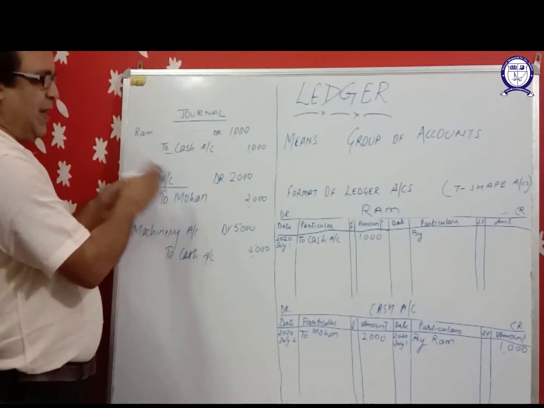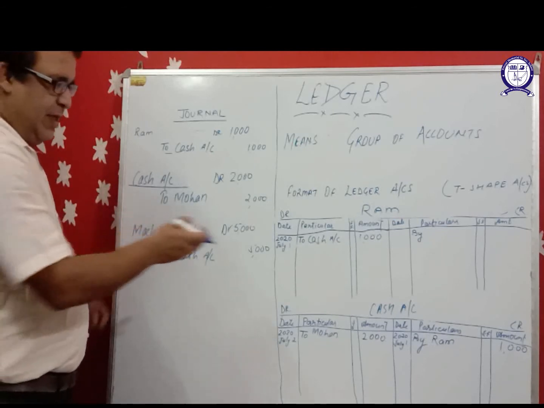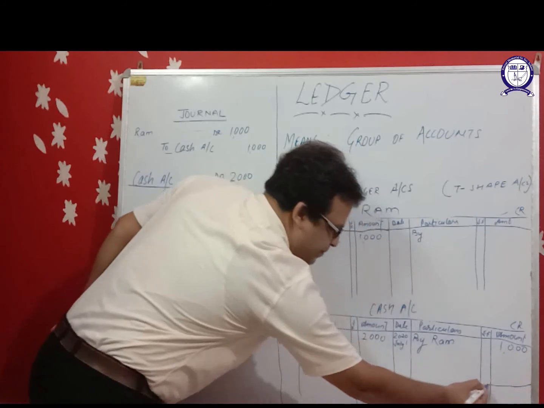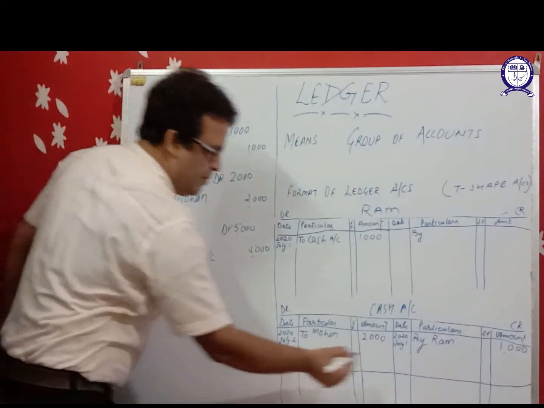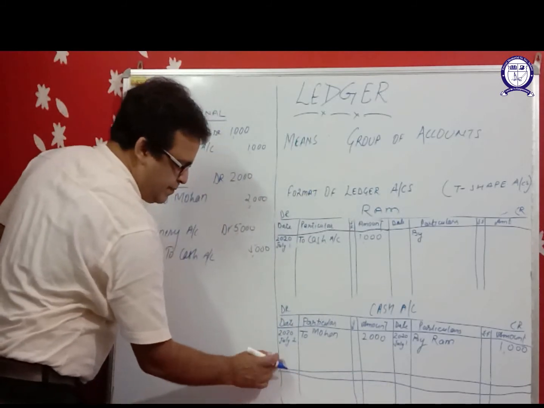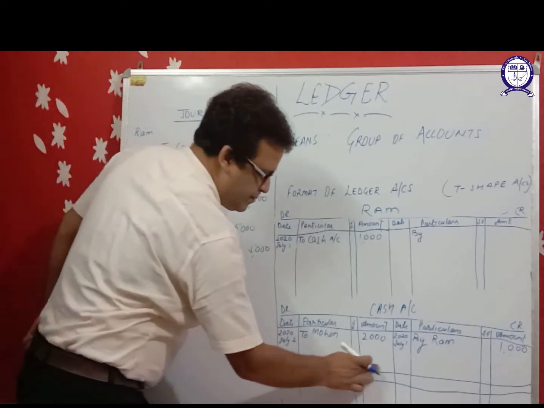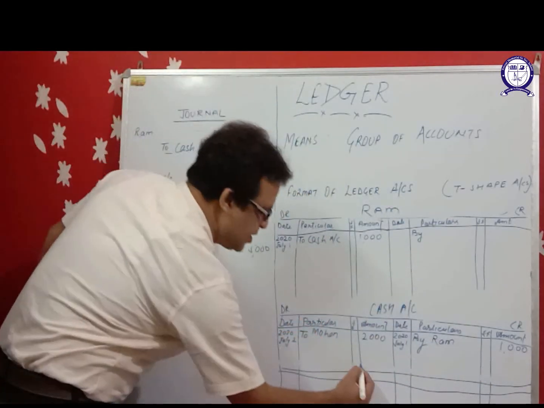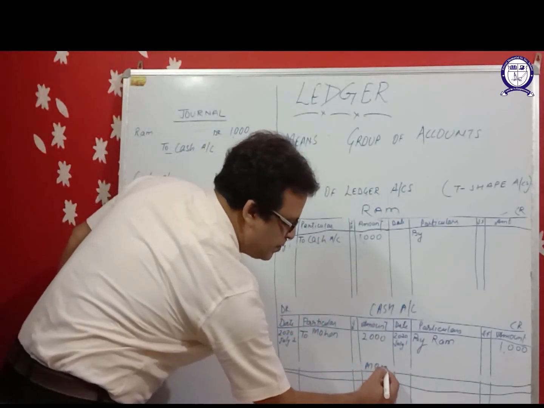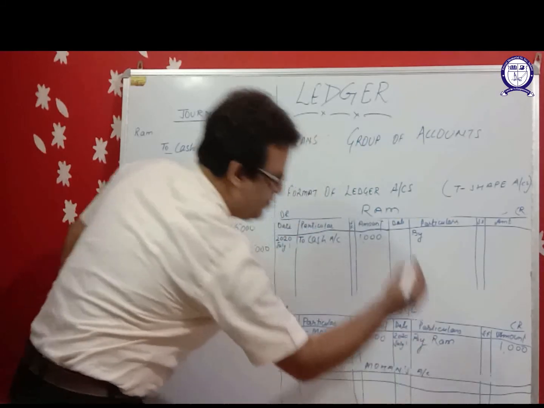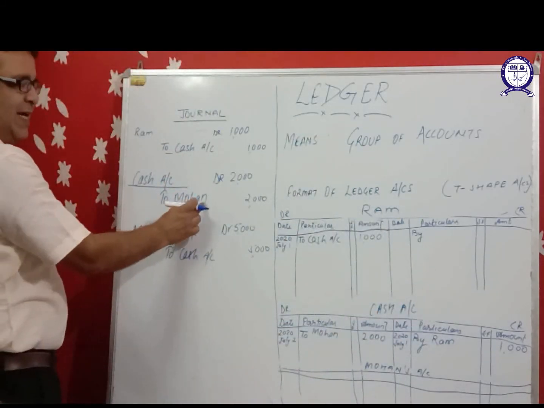Now we have to prepare Mohan account. There is very little space. Let us do it here. Suppose it is Mohan account. Mohan is credit here.